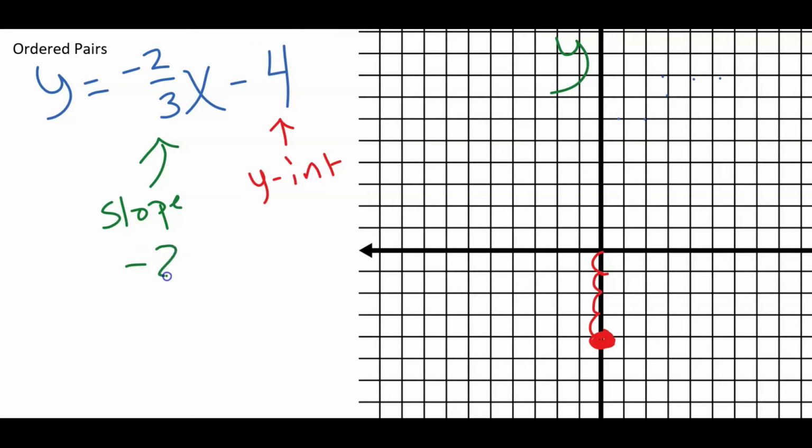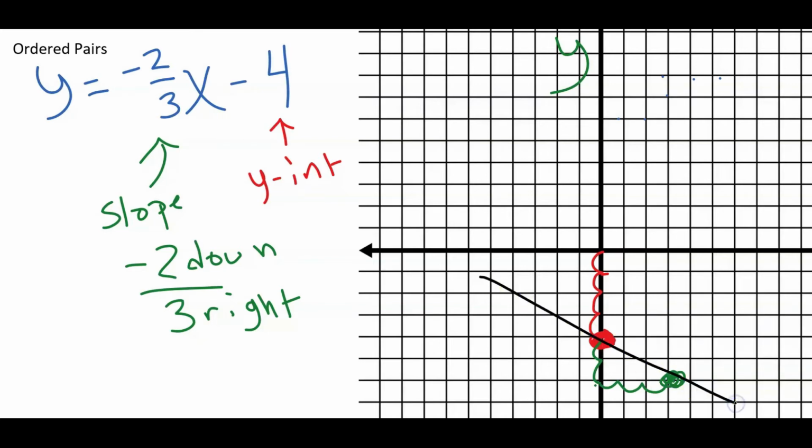Since this 2 is negative, and that's my rise, it's telling me to go down 2, and then go to the right 3. So from there, I go down 2, 1, 2, and then right 3, 1, 2, 3, and that's my point. This particular graph has what we call a negative slope.